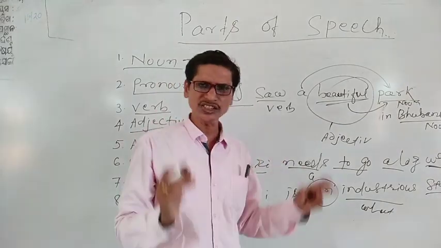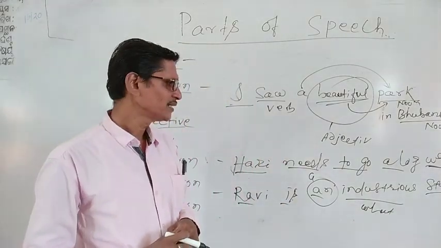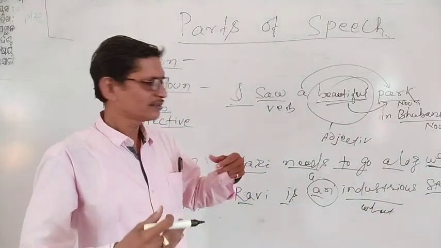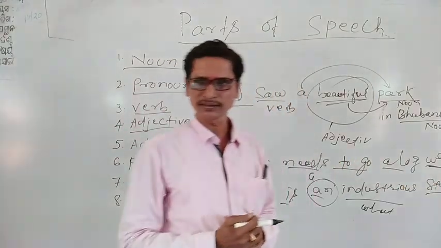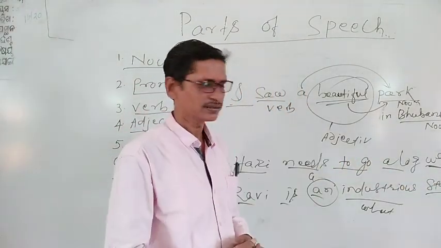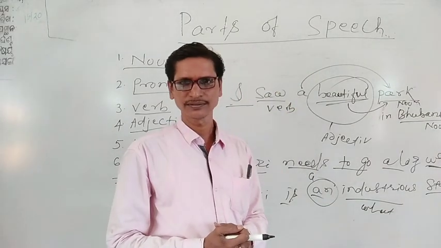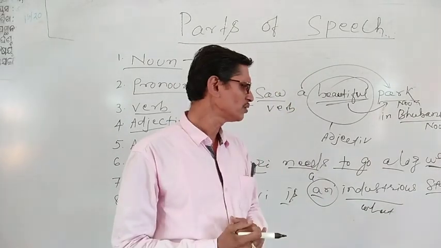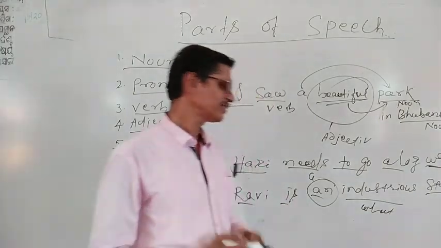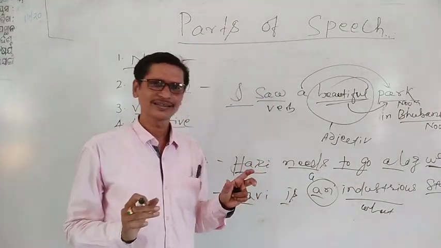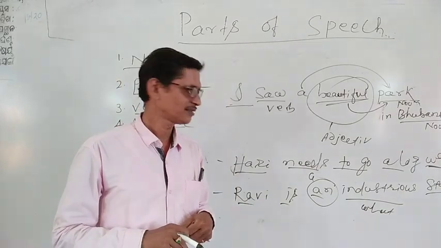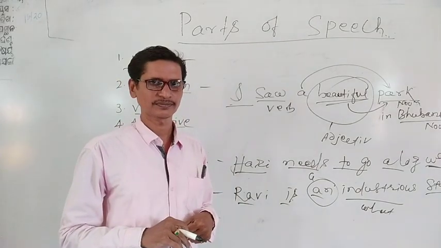So when we talk about what type of student Ravi is, the answer comes: industrious. So here the word industrious is associated with the noun student. It is enhancing the meaning of this noun student. So here the word industrious is functioning as an adjective.